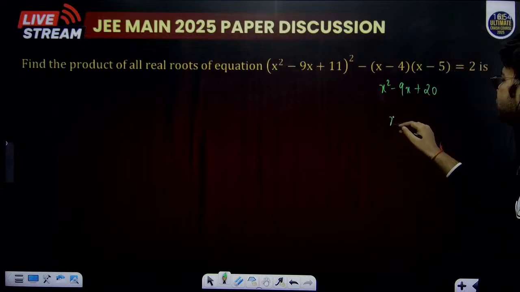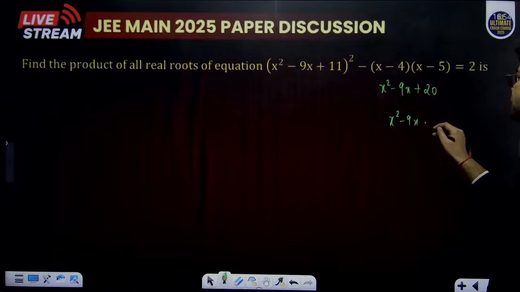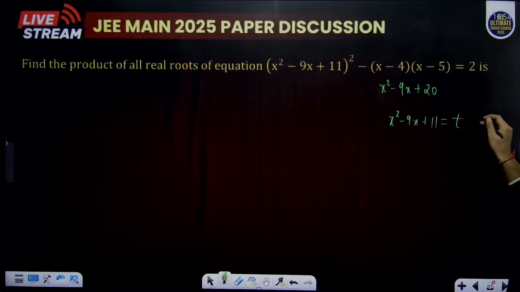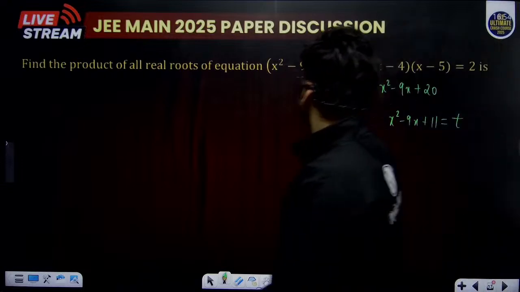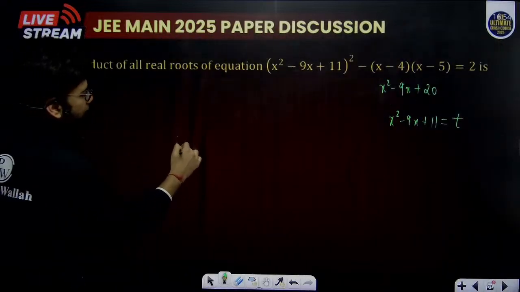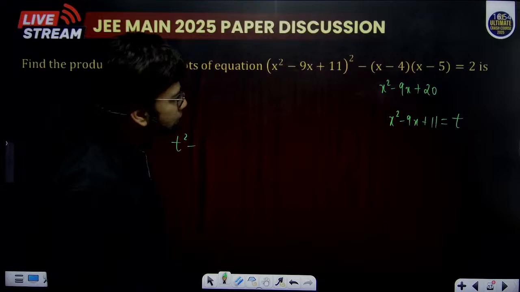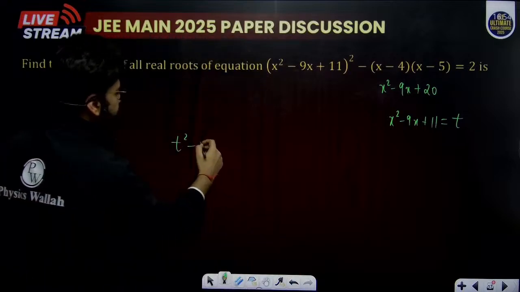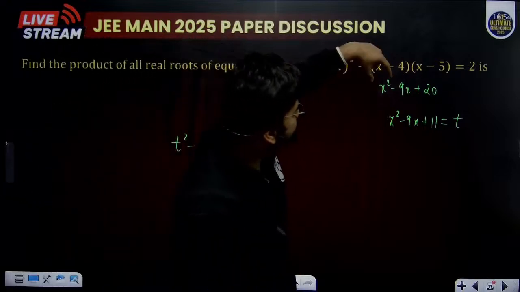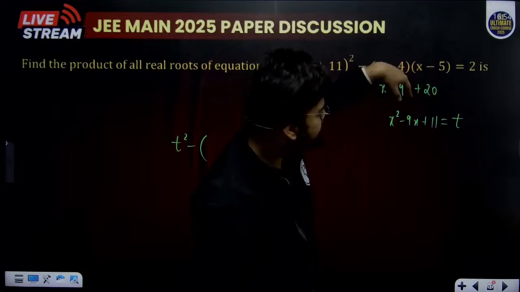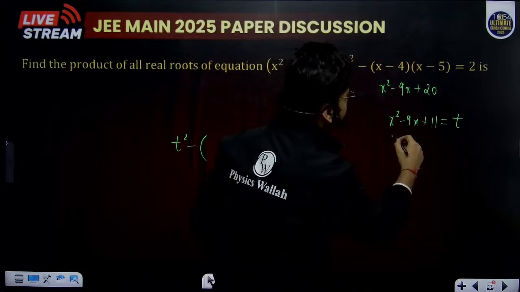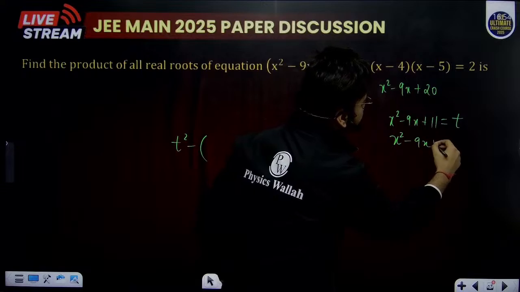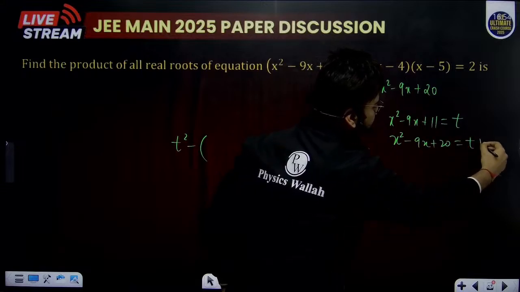Now if I substitute x square minus 9x plus 11 as t, so this equation will become t square minus... if this is t, then how much will x square minus 9x plus 20 be? t plus 9.